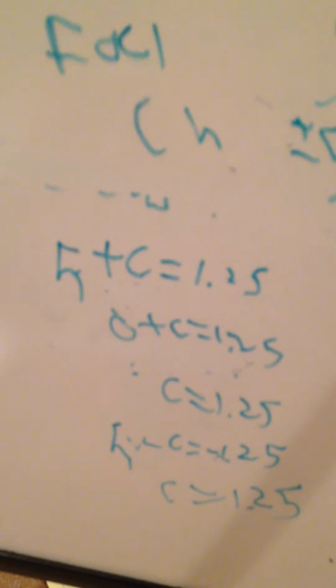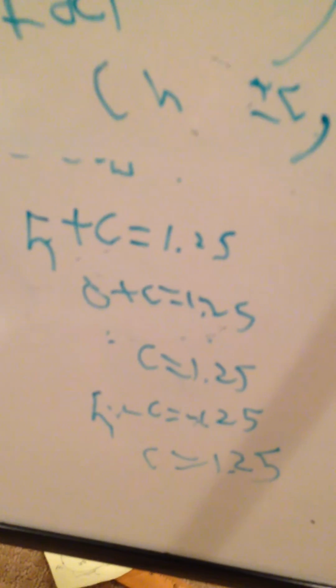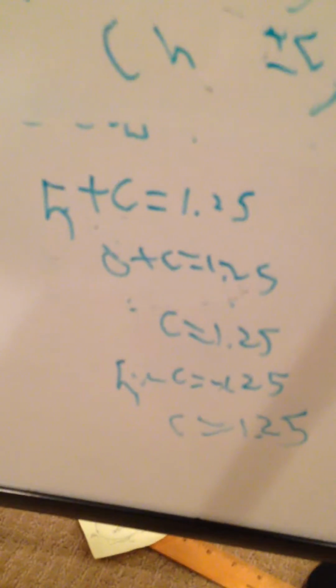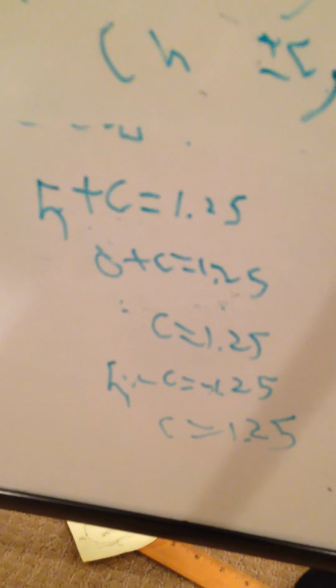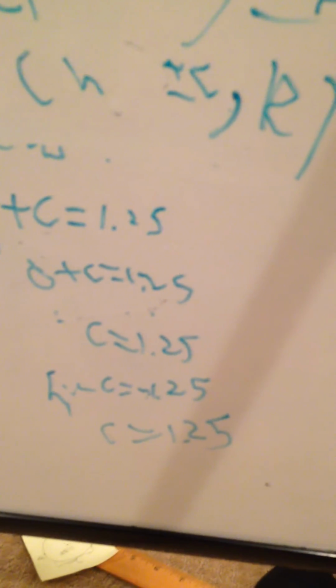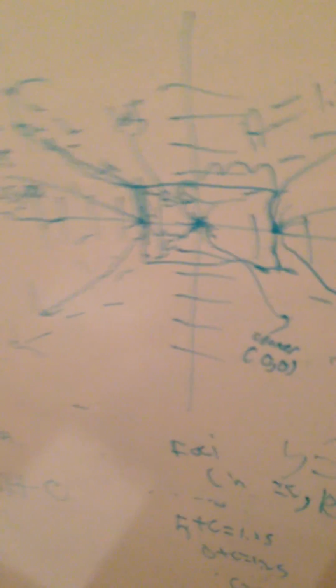And if you also do it as h minus c is equal to negative 1.25, and h is 0, so negative c is equal to negative 1.25, and c would also end up to be 1.25. So there's your c value right there. And that's a wrap.